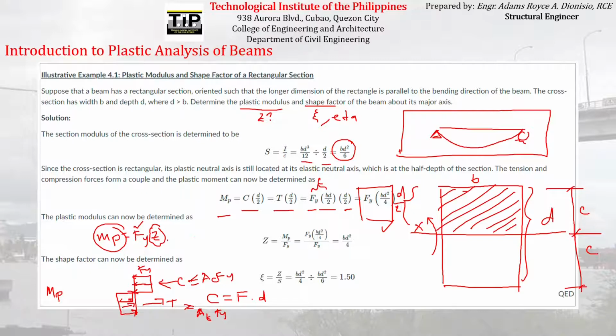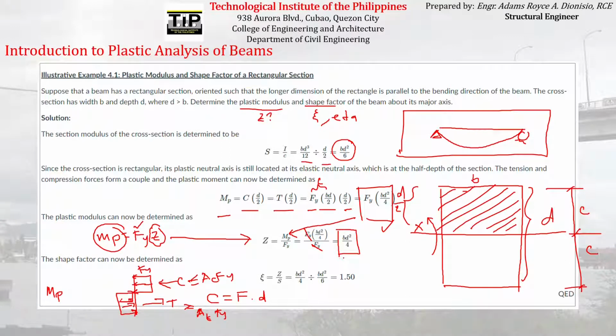In terms of Z, Z is equal to MP over Fy. Substitute MP, so it will be Fy times BD squared over 4, divided by Fy. Cancel the Fy, and what remains is BD squared. Therefore, the plastic modulus for a rectangular section is just equal to BD squared over 4.